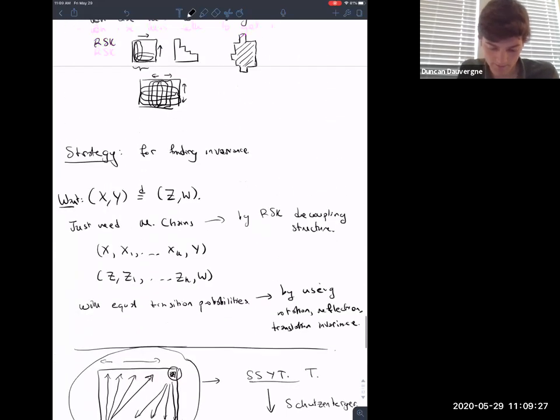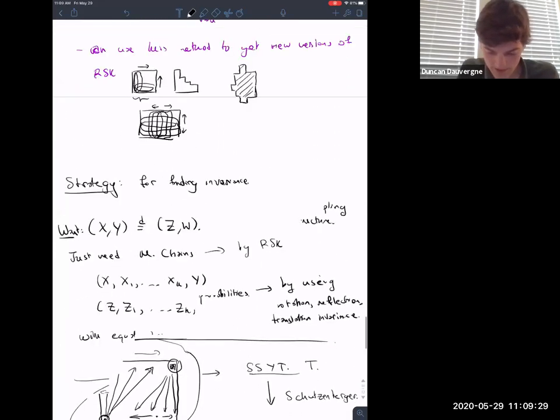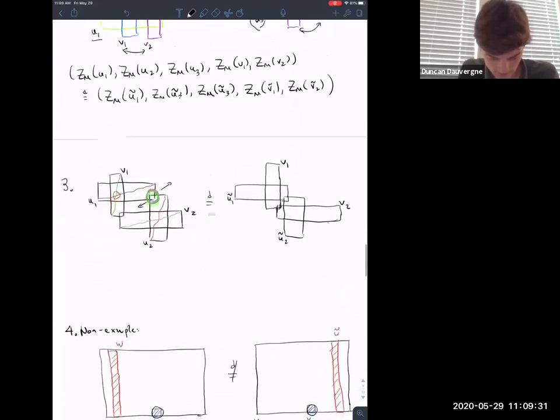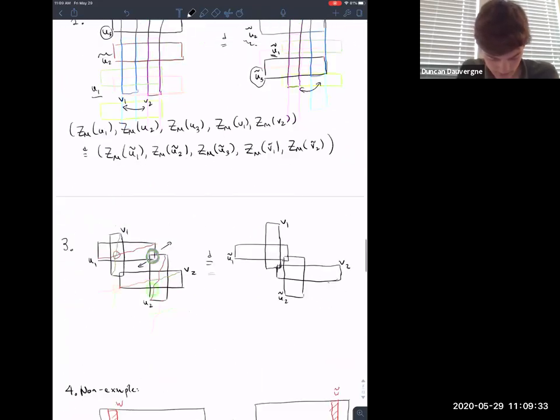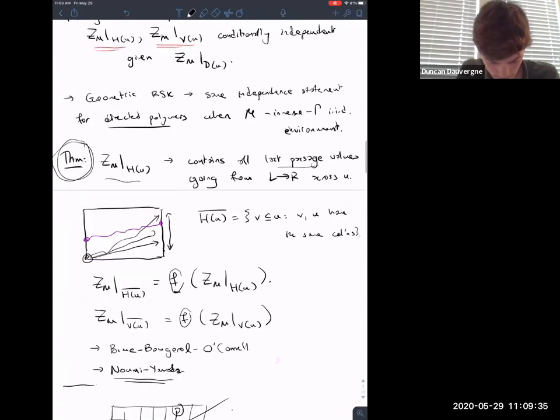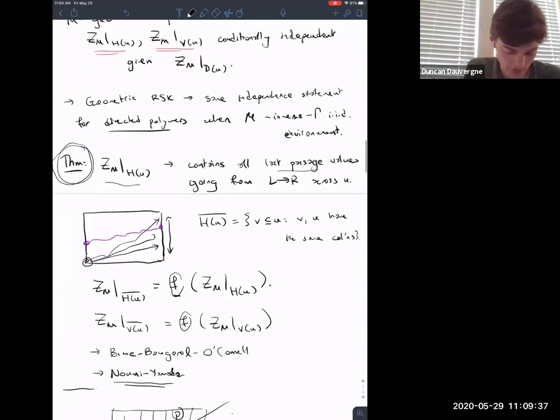This theorem here, which János and Balint had for the directed landscape, the function f is constructed explicitly without any reference to the Schutzenberger involution.